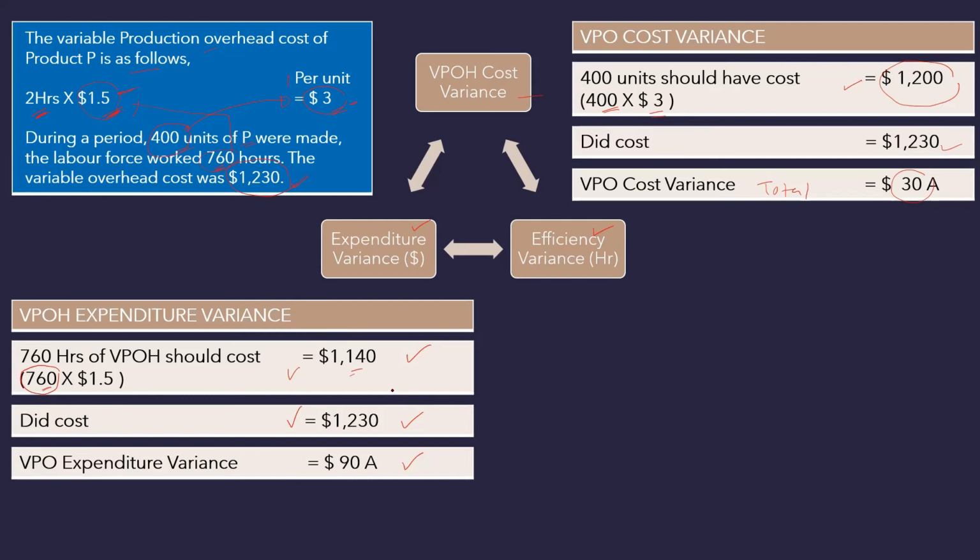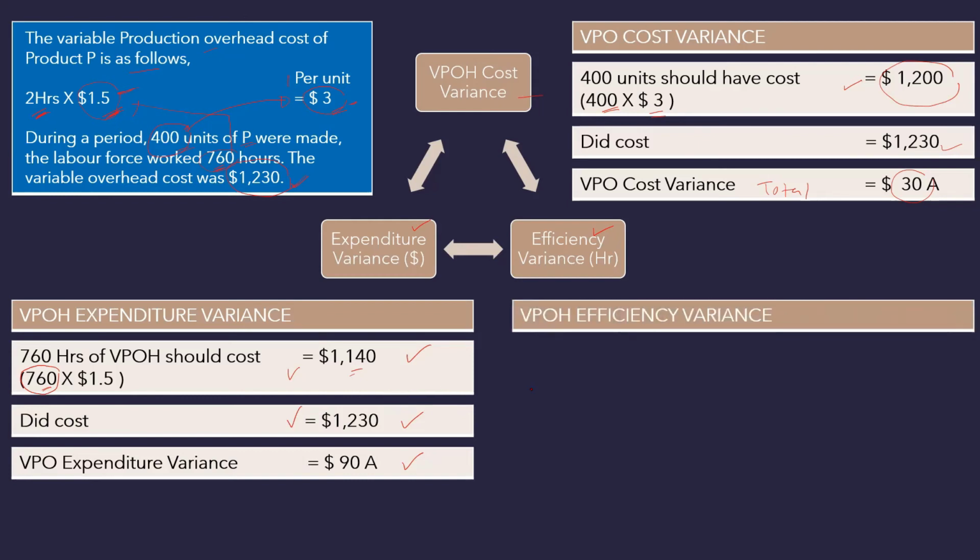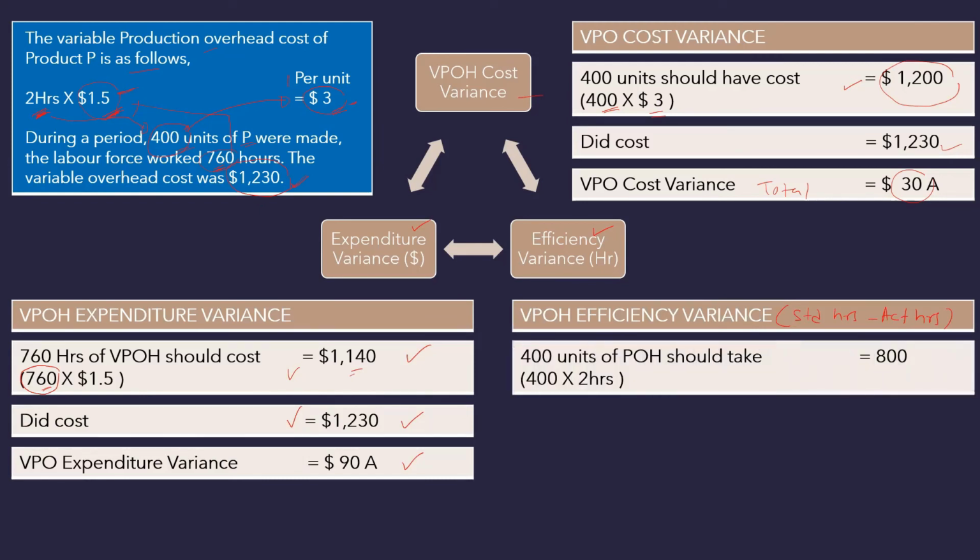The other one is the efficiency variance. Here we compare the standard hours with the actual hours taken. We should have taken 2 hours per unit, so 800 hours to produce 400 units. We are calculating how efficiently the labor force was used.